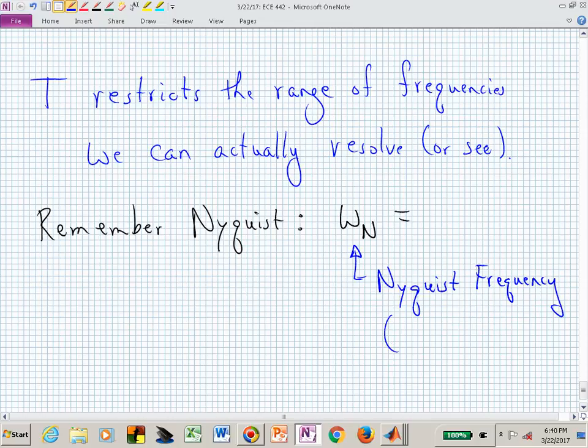Something with a 2 in it, doesn't it? The Nyquist frequency has a 2 related to something. Well, the Nyquist frequency is actually half of the sampling frequency. So the sampling frequency, omega sub s, divided by 2, is our Nyquist frequency. This is now omega sub s over 2. And maybe it is easier to think of omega sub n as being the folding frequency. And that might become clear in a minute.